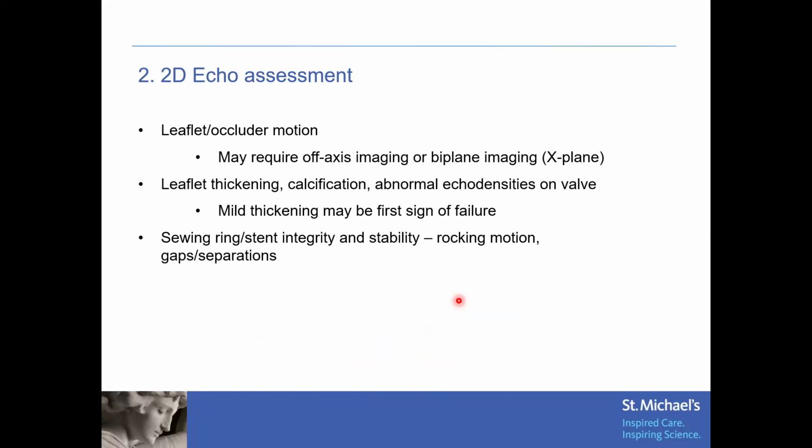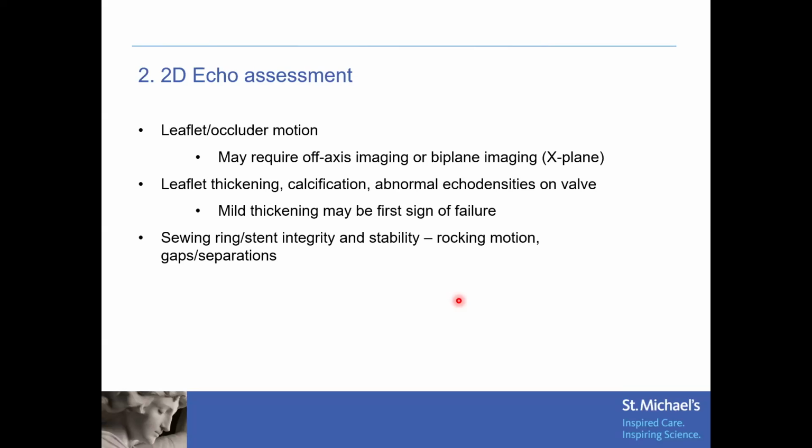Just a point that sometimes, off-axis imaging might be helpful to take a look at those valves, particularly with the 5 chambers and the apical views. The use of biplane or X-plane imaging would be helpful in some cases because you can then reveal the leaflets. Looking at the leaflets themselves, whether they're thicker, whether they're calcified, looking for any abnormal echo densities on the valve that would suggest either a thrombus or endocarditis, things like that.